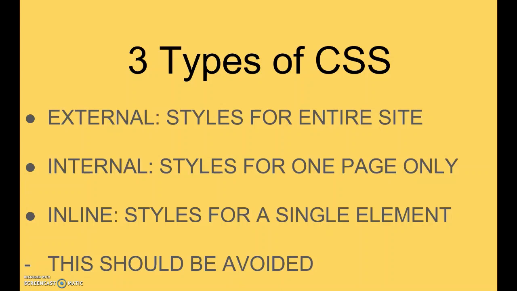So it allows you just to style a single page, and I'm going to show you what that means later. And finally, you have the inline CSS, which, as far as I've heard from a lot of my professors here at Harper, is something that you should avoid. But in this case, I'm going to show you how to do it just for the sake of learning this whole thing.